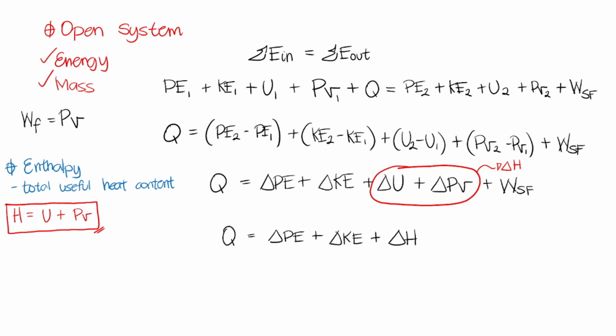Enthalpy again is the useful heat content, and do not forget your work steady flow. And in some cases, the change in potential energy is equal to 0, and the change in kinetic energy is also equal to 0. So we will be left, matitira na lang is yung pinasok nating heat ay equal sa change in enthalpy plus yung na-produce ng open system natin na work steady flow.